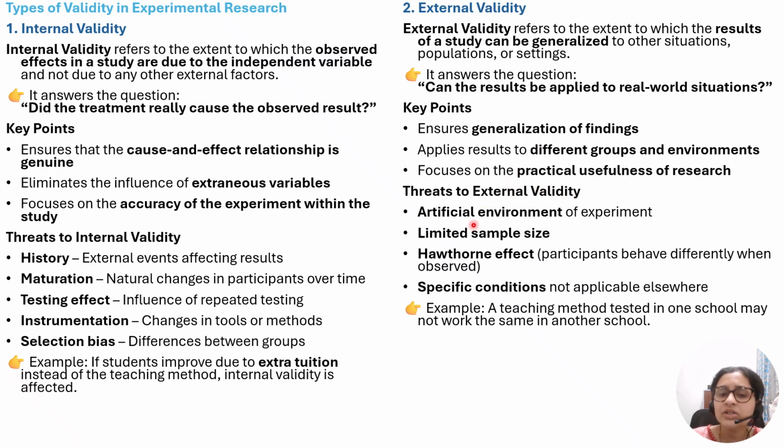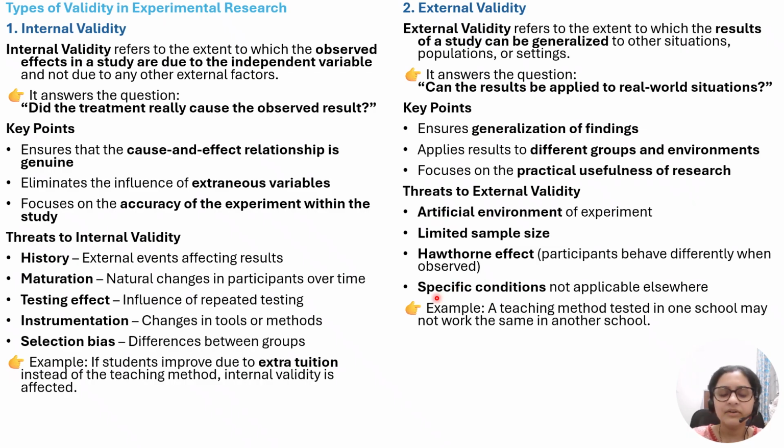What are some threats to external validity? Artificial environment, then limited sample size. If the sample size is limited, then it is not external validity. It should be huge. Then the Hawthorne effect: participants behave differently when observed.